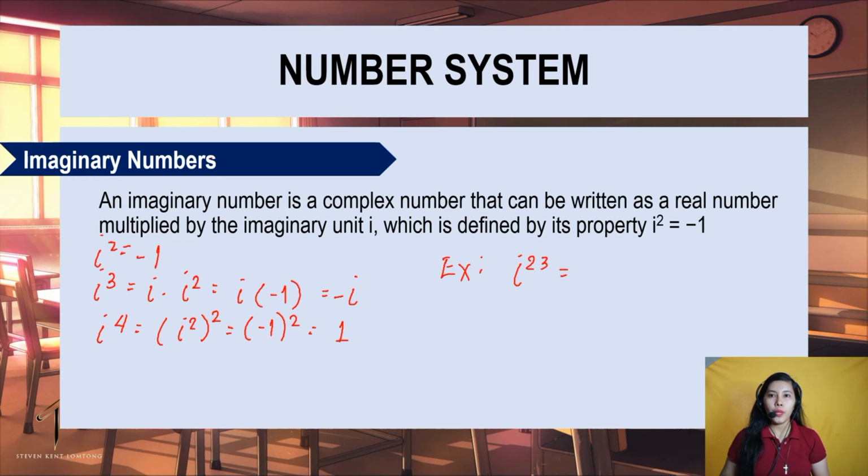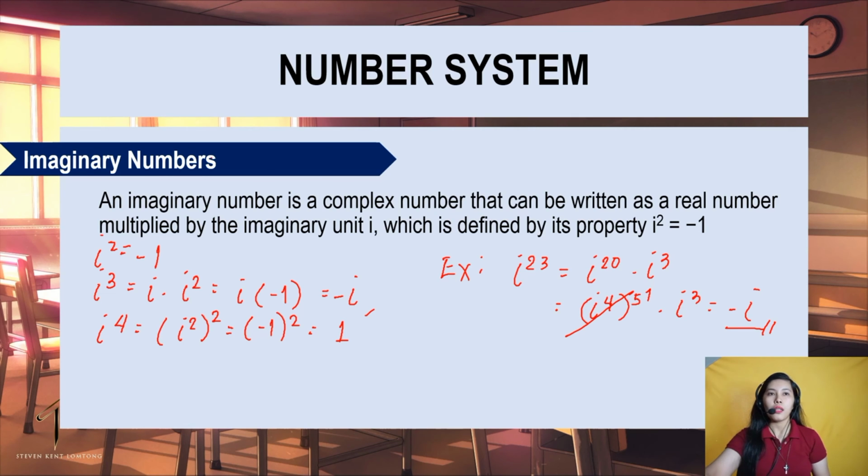So i raised to 23 can be i raised to 20 multiplied by i raised to 3. The i raised to 20 is i raised to 4, raised to 5, times i raised to 3. Since i raised to 4 is just 1, that is just 1, and we have i raised to 3 equal to negative i. So i raised to 23 is equal to negative i.